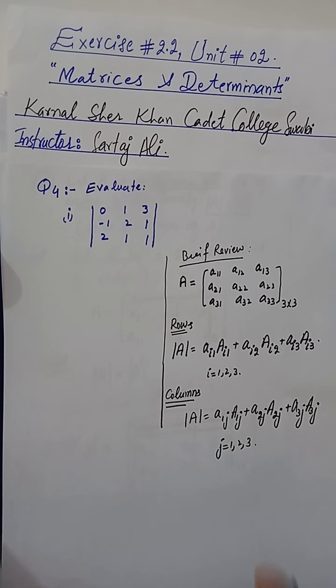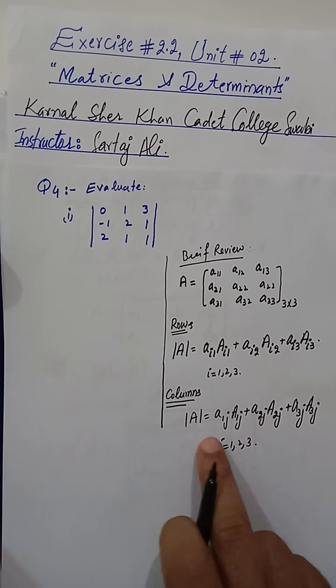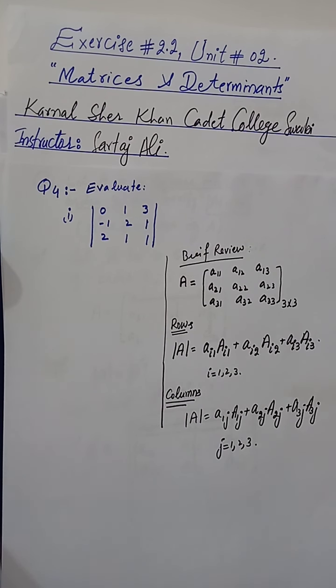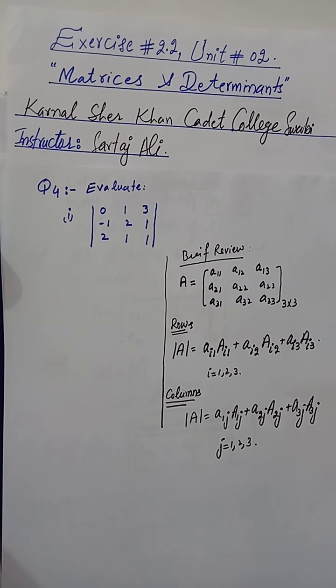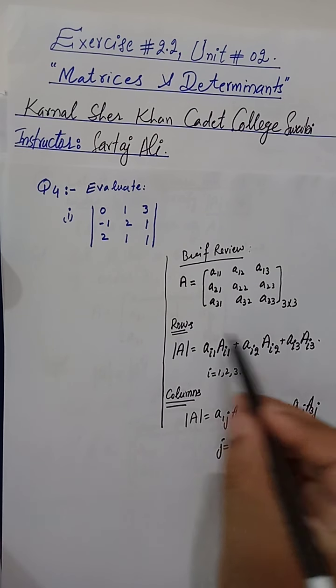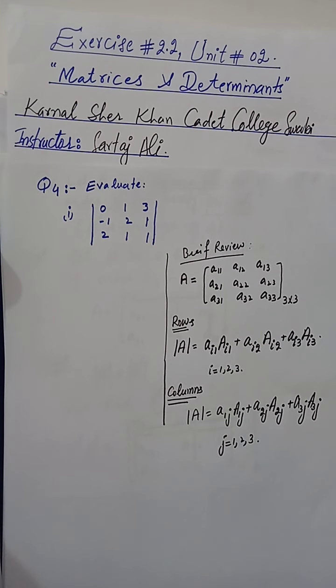If you plug j equal to 1 here, you will get the formula for the determinant of A using the first column, if you put j equal to 2, you will get the determinant formula using the second column, and if you put j equal to 3, that will be the determinant formula using the third column. So there are 3 possibilities and there are 3 possibilities. So there are 6 possible ways to find out the determinant of 3 by 3 matrices.